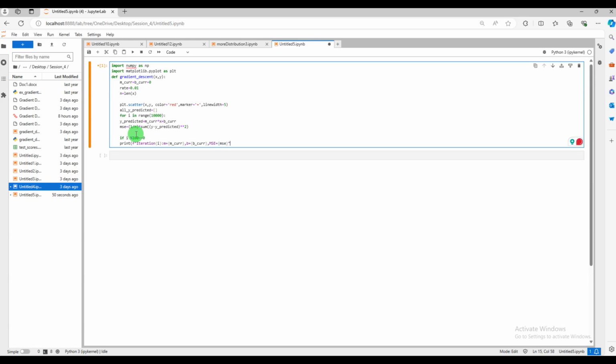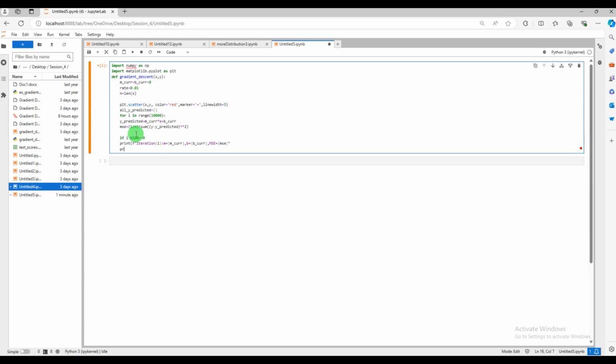Okay, after that, print iteration, y predicted equal y predicted. I forgot to put parentheses here.